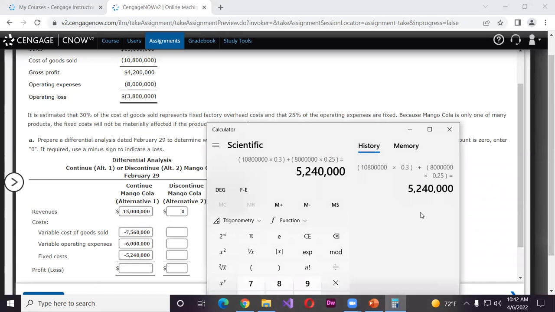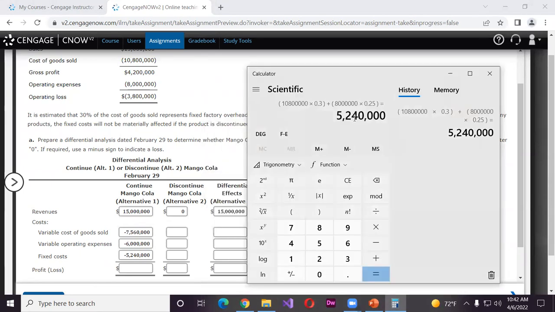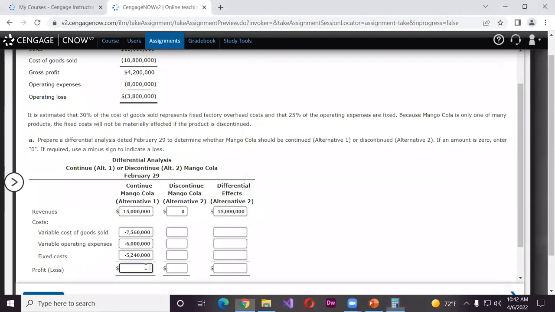So my profit or loss on that one, if we continue with Mango Cola, should be negative 3,800,000, right?